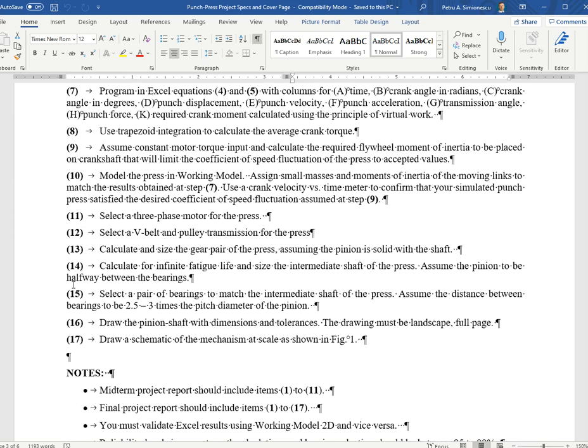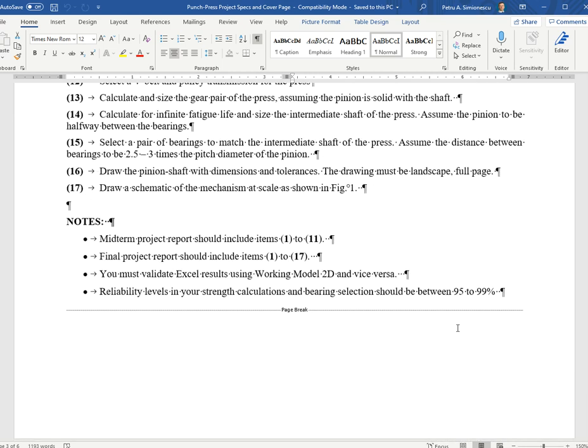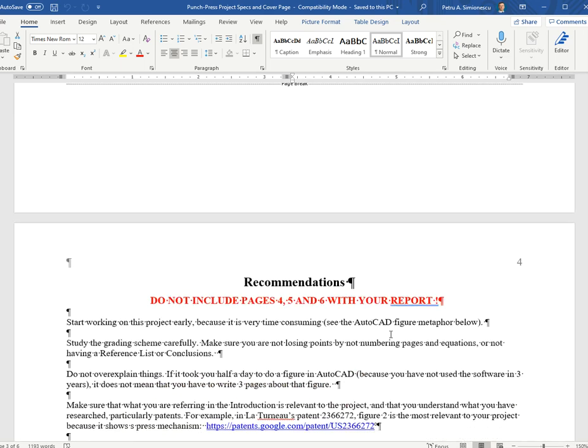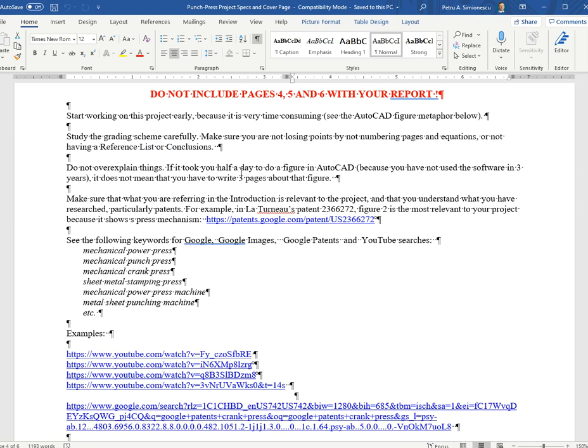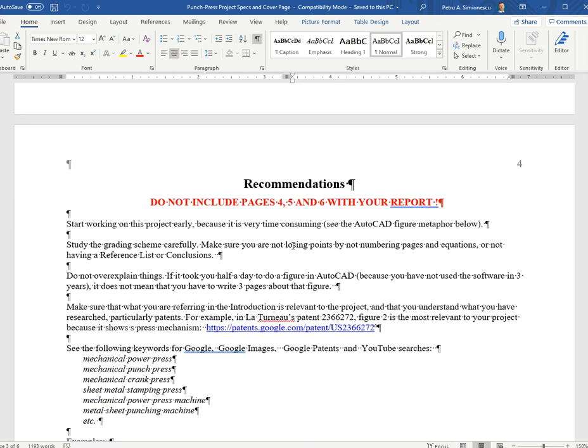For the requirements of the midterm project report, you need to select the motor up to point 11, and then the rest, which are quite involved. I'm telling you now, steps 12 to 17 of the project will take you quite some time to perform. Please read this.